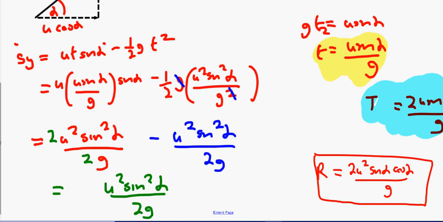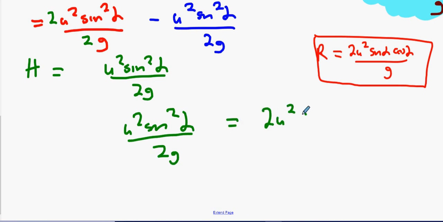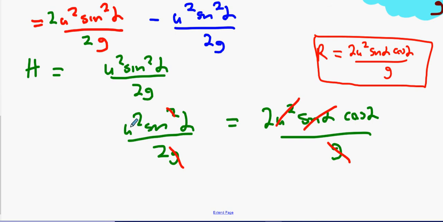Now, here comes the fun part. We just got the maximum height, but we're told that the maximum height also equals the maximum range. So the two of these formulas equal each other, don't they? Now, what disappears? Anybody? G disappears. One of the sine alphas disappears. The u squareds disappear.